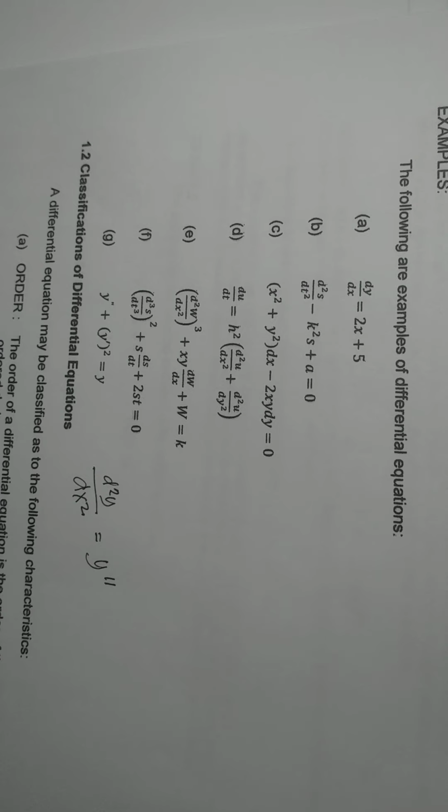D, du over dt is equal to h square times the quantity d square u over dx square plus d square u over dy square. Letter E, the quantity d square w over dx square raised to the third power plus xy dw over dx plus w is equal to k.